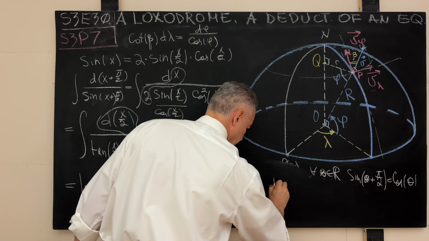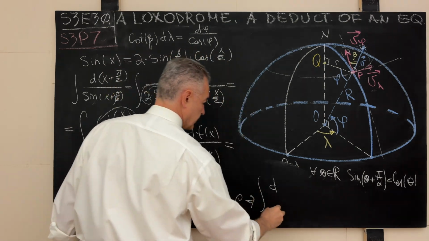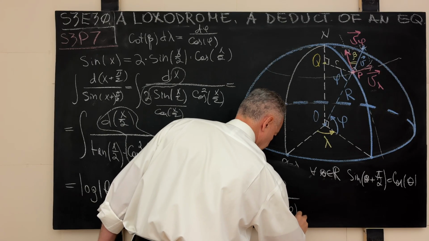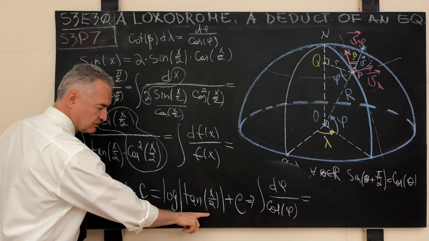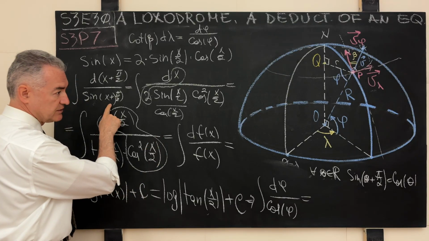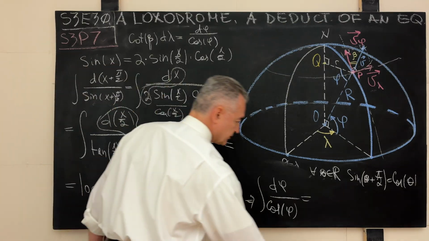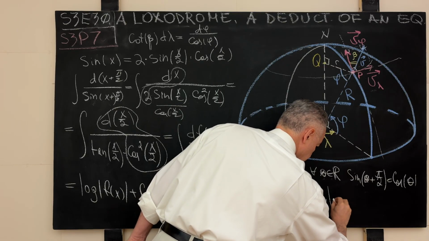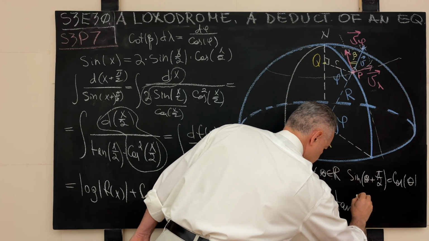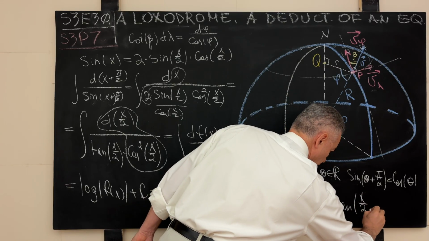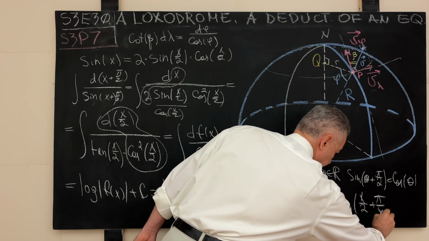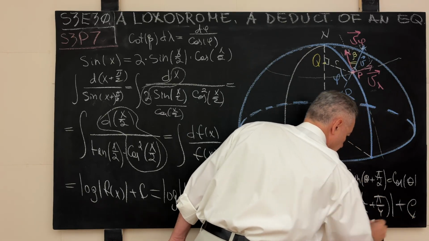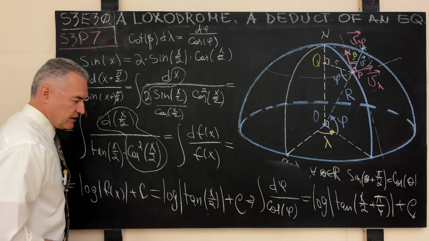And then from here it follows what? The integral of d, well, in our case it will be phi over cosine of phi. We simply look at this relation and write down the result: the natural logarithm of the absolute value of tangent of x over 2 plus pi over 4, plus a constant.